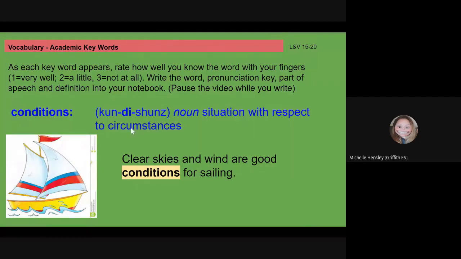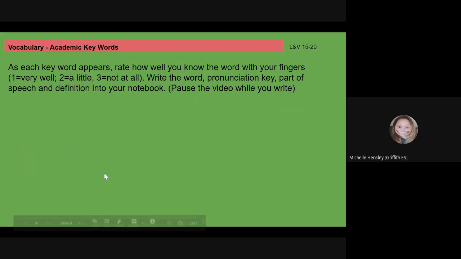If it's 50 degrees outside and it's raining, those conditions are good for staying in the house. They're bad conditions to go out and try and do something. So conditions, what the situation is with respect to the circumstances surrounding it. Okay. Go ahead and pause the video if you need to. We're moving on to our next word.